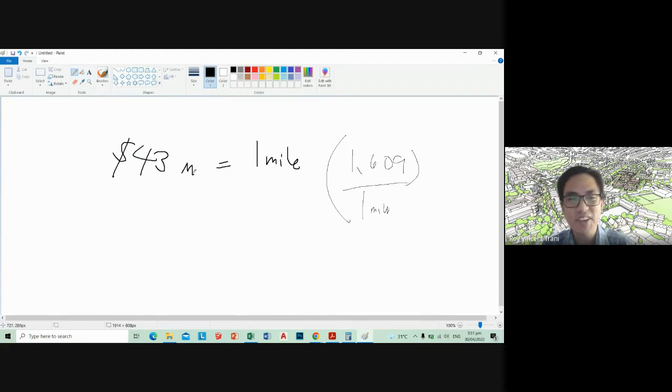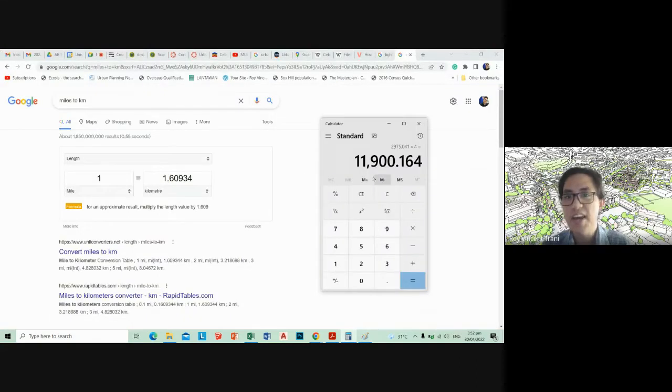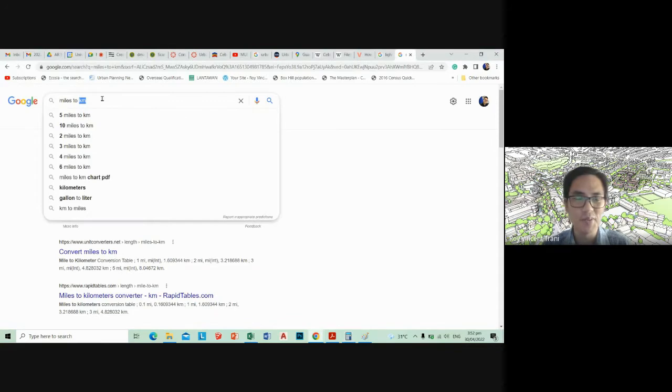That right? $43 million per 1 mile. I convert the mile, so they cancel each other. Let's see. Is that right? Double check. Am I doing my math right? Yes, I think so. So imagine, 11.9 billion dollars, then you need to convert it to pesos.